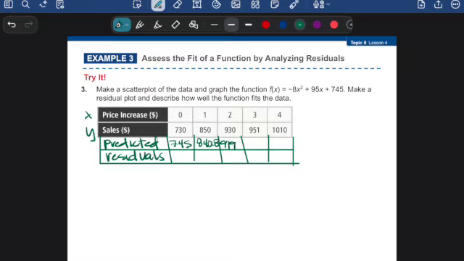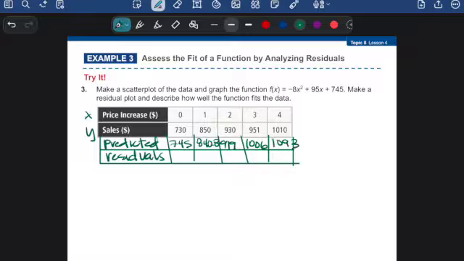If I plug in 3, I'd have -24 and 285 plus 745. My predicted value would be 1006. And if I plug in 4, I'd get -32 and 380 plus 745. My predicted value would be 1093.